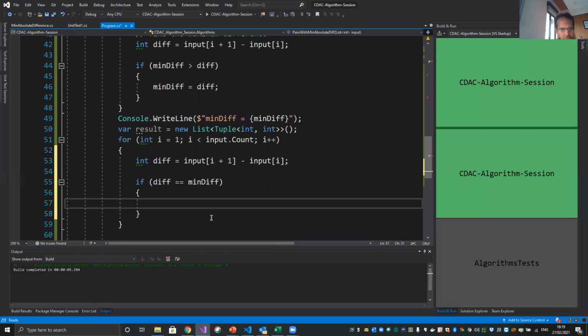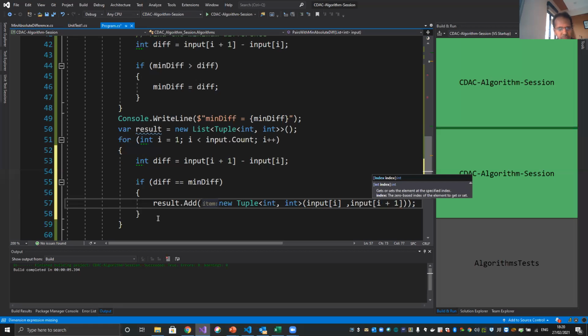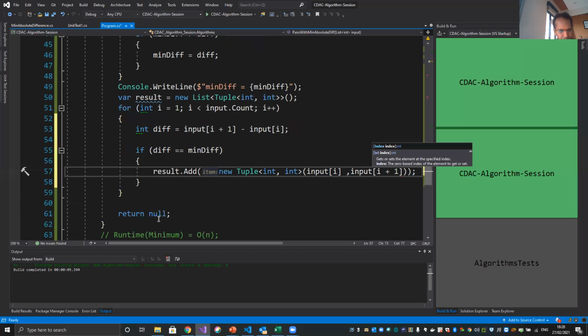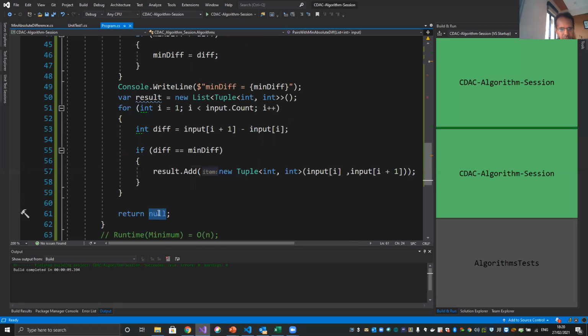So I'm going to say result dot add, and I'm going to add a new tuple, and the values in that would be input I, comma, input I plus 1. And eventually, instead of returning null, I'm going to return the result.